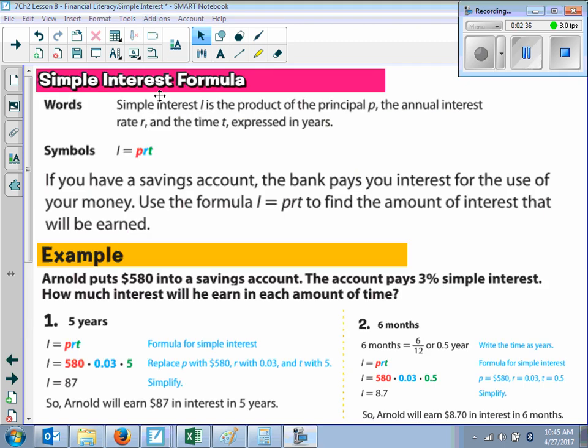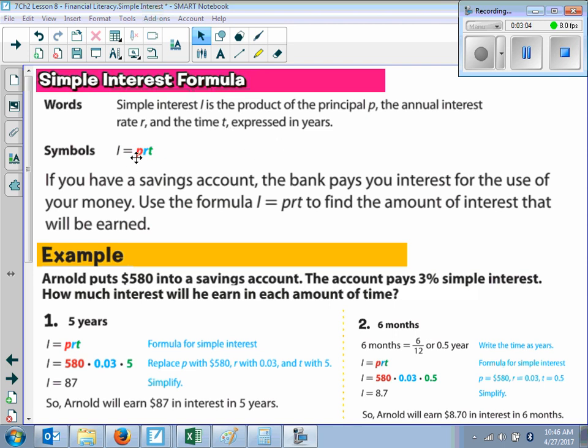All right. So the simple interest formula, please make sure you have the formula written in your spiral. So it's interest equals PRT. The simple interest, I, remember that's an I, not an L, is the product of the principal, P, times the annual interest rate, R, and the time, T, expressed in years.